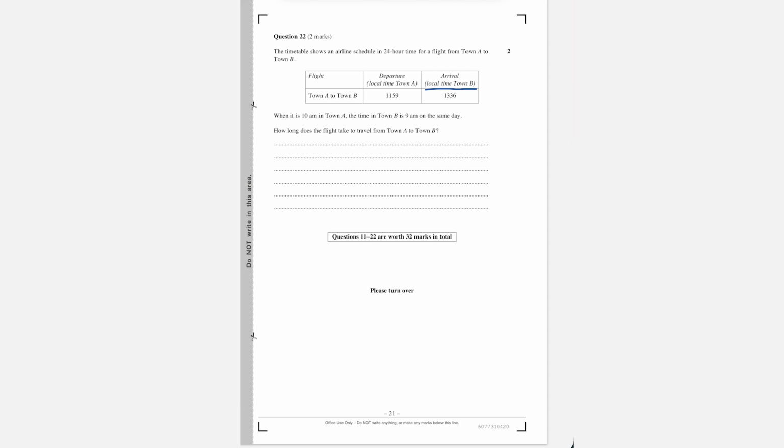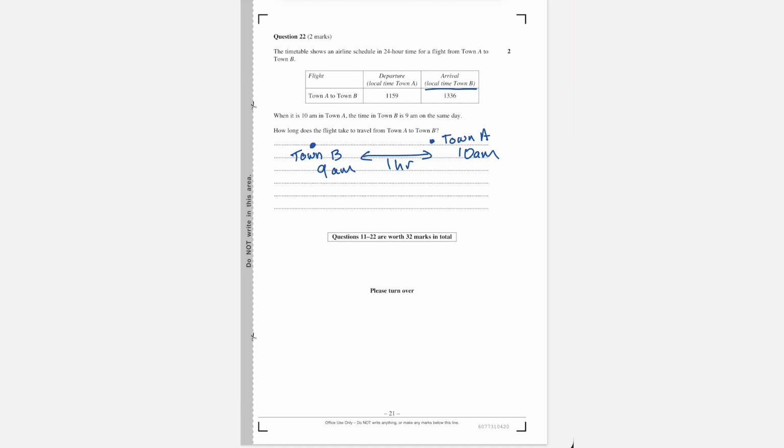So we have town A, actually this is going to be town B, and this is town A. And it's 10 a.m. in town A, and in town B, it's 9 a.m. So there's a 1 hour time difference between the two of them. How long does the flight take to travel from town A to town B?